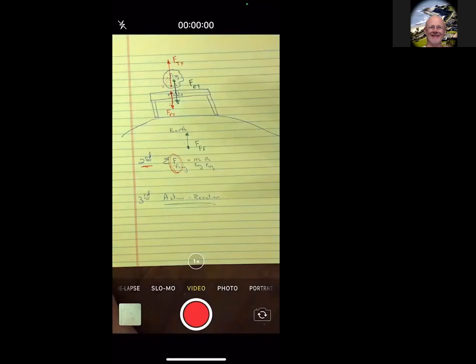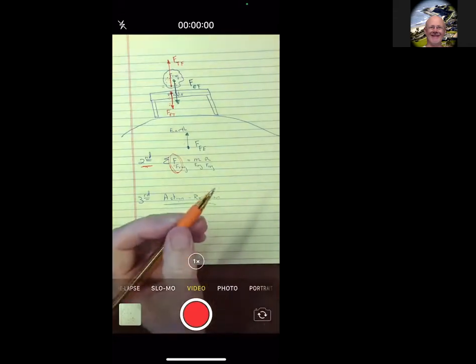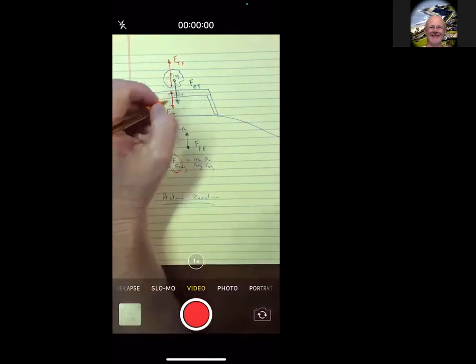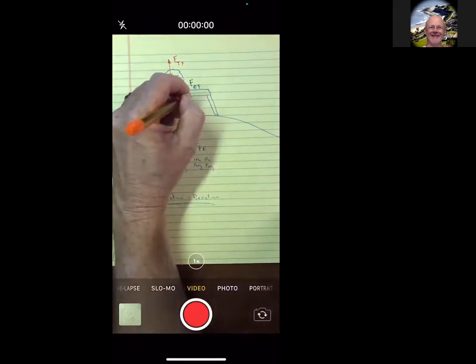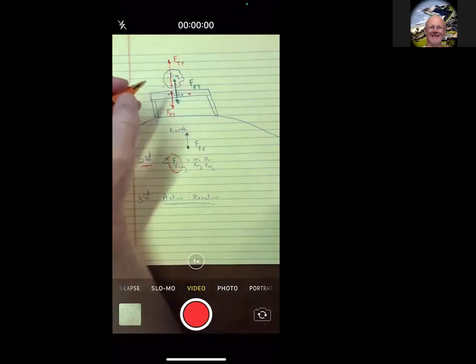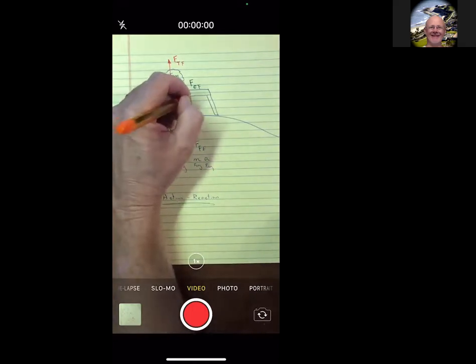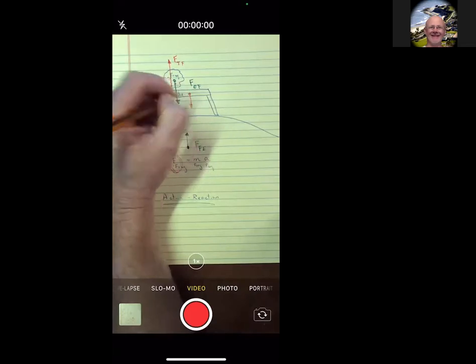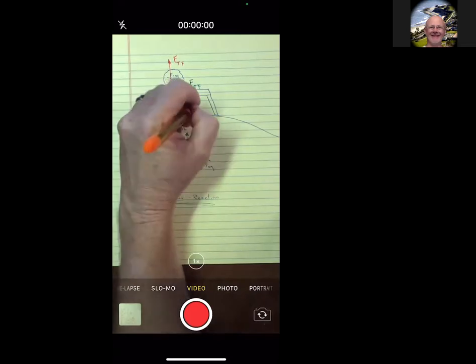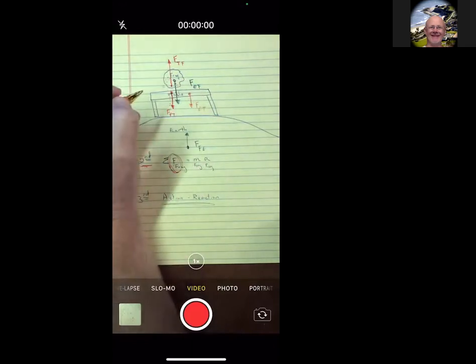You might say, now, wait a minute, doesn't the table weigh something? Yeah. Okay. So this might be enough color difference to stand out, kind of this orange color. But I would say gravity is pulling down on the table. So there would be a force from the earth on the table.